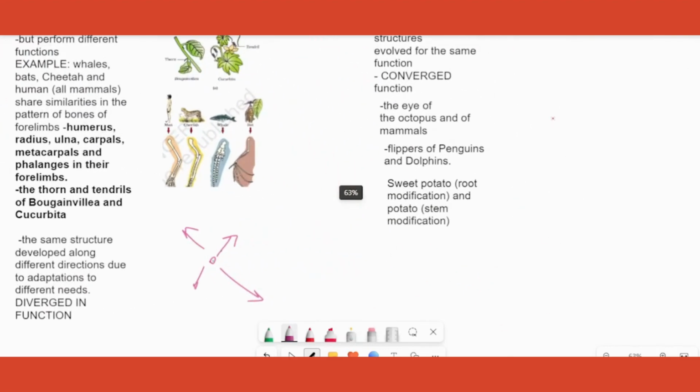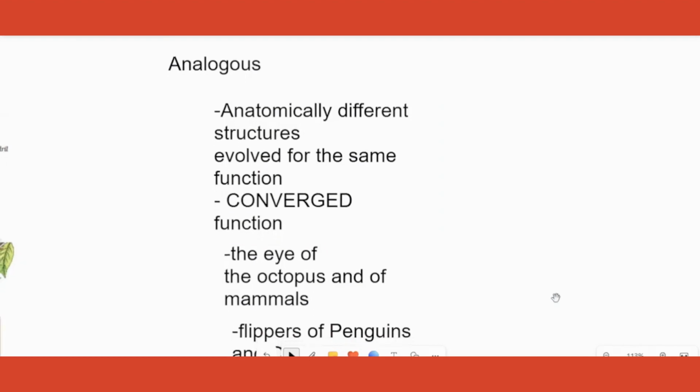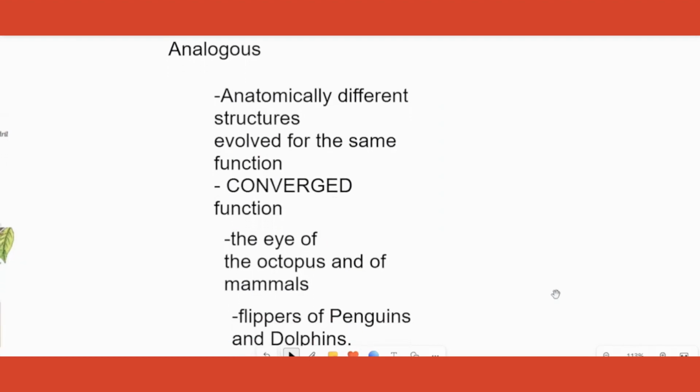Another is analogous organ. What exactly is an analogous organ? It is the opposite of the previous one. What is it? Let's see. Students, let's understand what is meant by analogous organ now. What is meant by analogous organ is wings of butterfly and wings of birds. Both of them help the organism to fly. But internal structures are not at all the same.